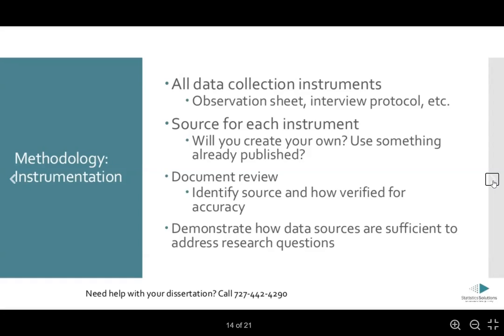If you are using something that's already been published, maybe an interview guide that's been used in previous studies, that is perfectly fine as long as you have permission. But if you do that, you'll want to state that here and provide citations for where it's been used in the past. Typically, what I see for qualitative studies is that students will develop their own interview guides. So that's another option available to you as well.